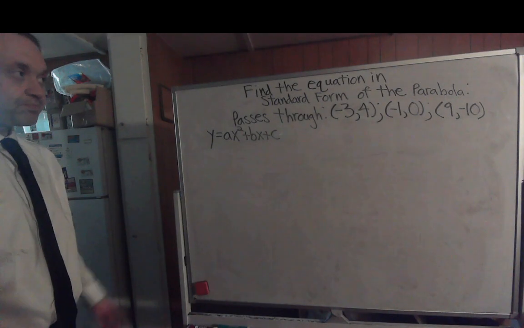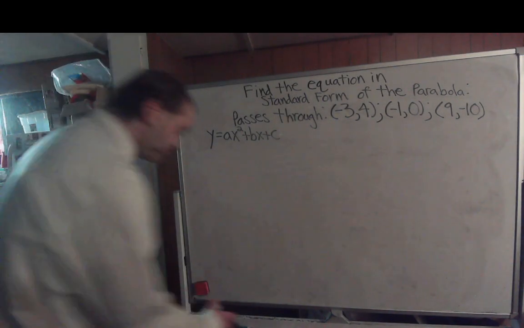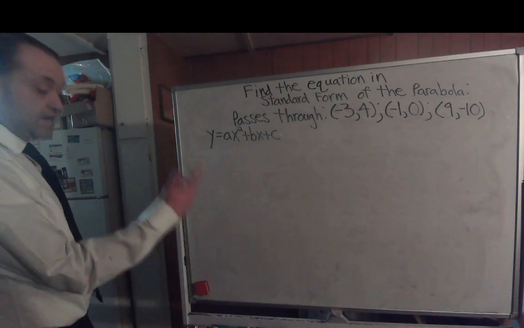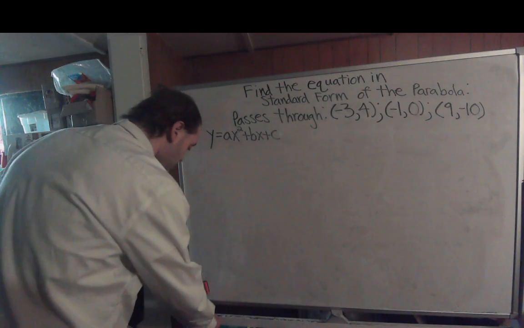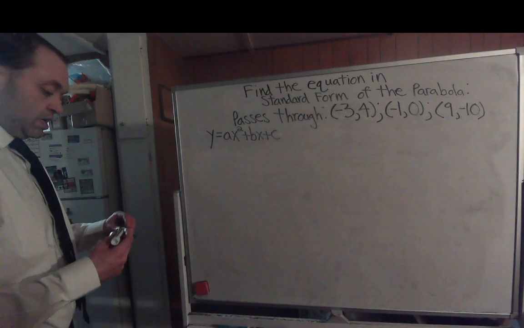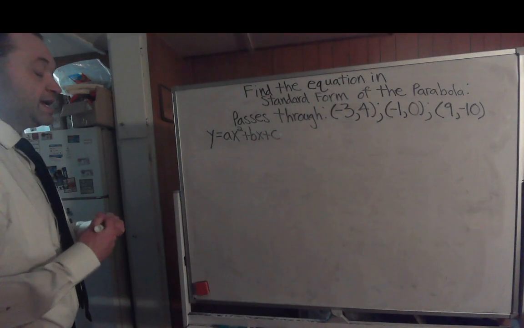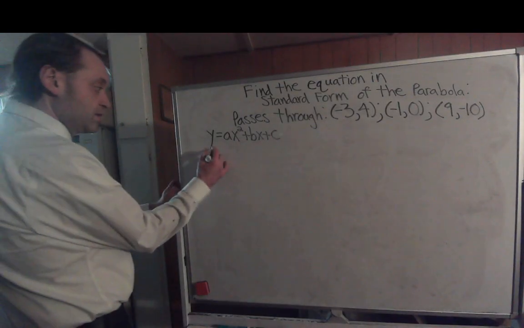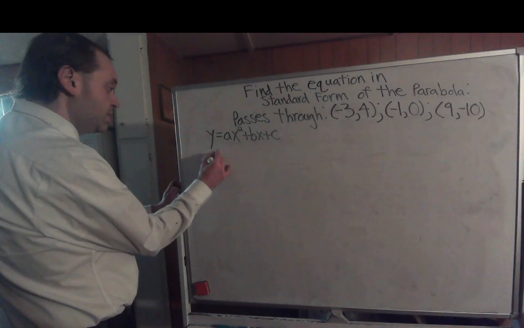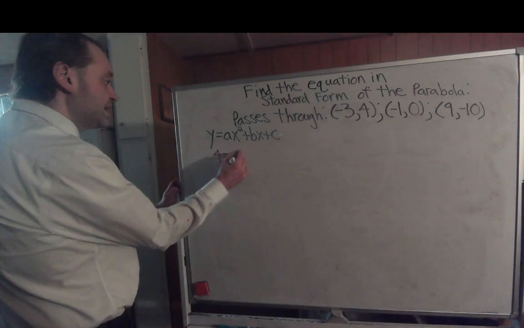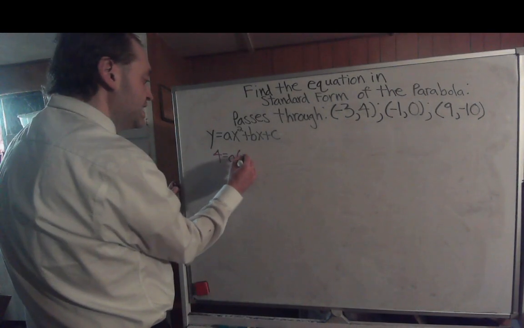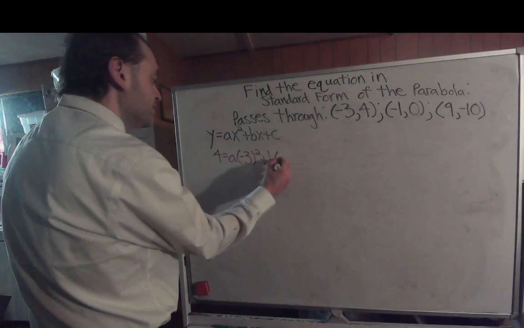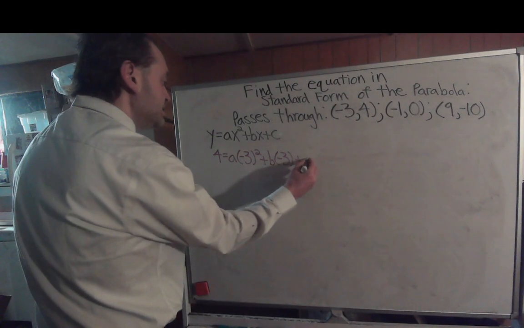So let's go ahead here. What we're going to do now is set up our next three equations. So take your negative 3, 4. 4 goes in for y. So 4 equals a times that x squared, which would be negative 3 squared, plus b times your negative 3 plus c.